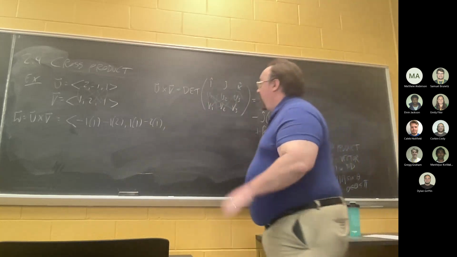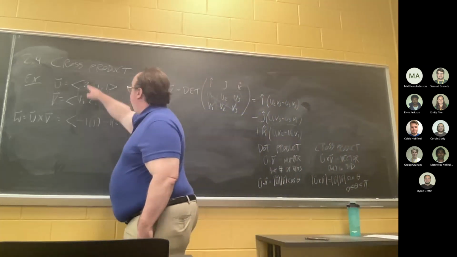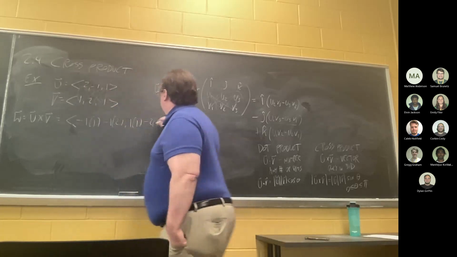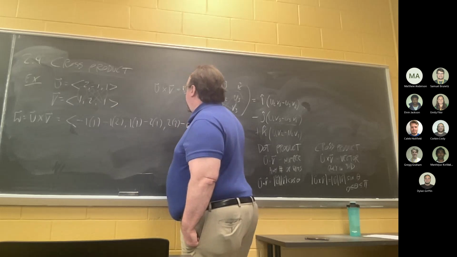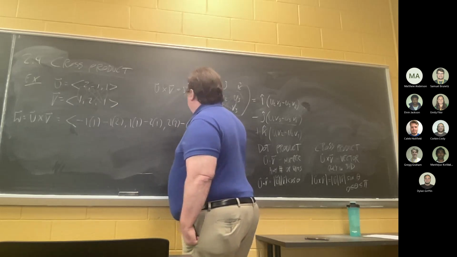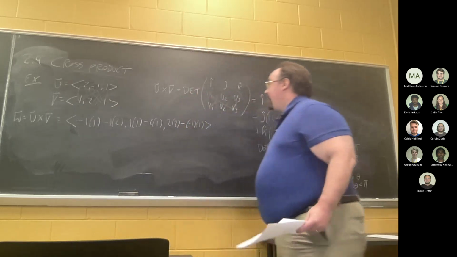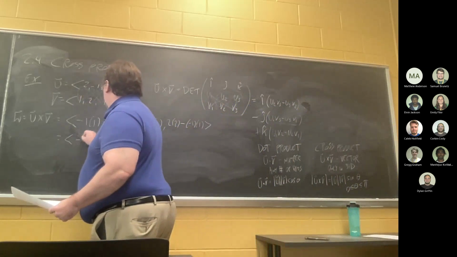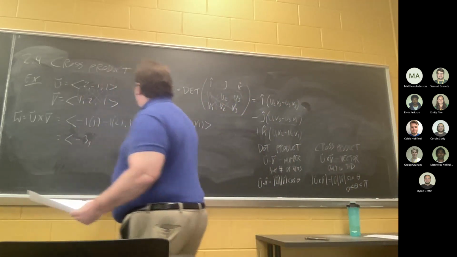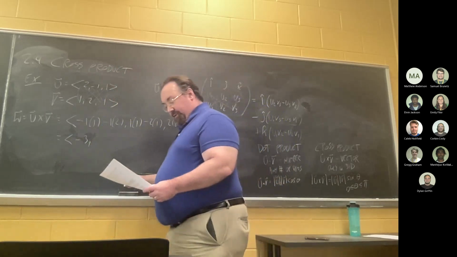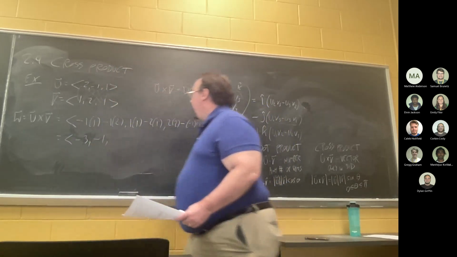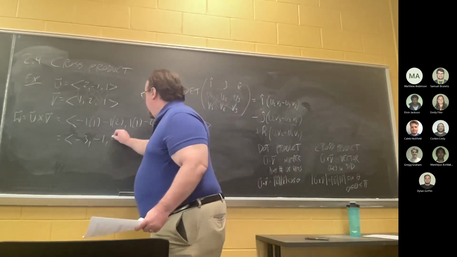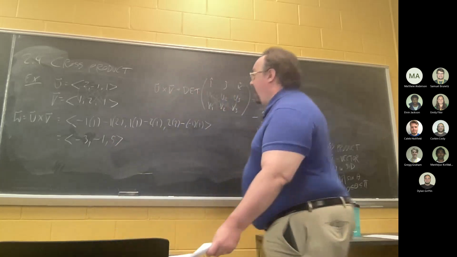And finally, for the third component, the Z component, I'm working with the first two components of U and V. So I have 2 times 2 minus -1 times 1. Then we work all that out. We get -3 for the X component, -1 for the second component, and then 4 plus 1, so 5 for the third component.